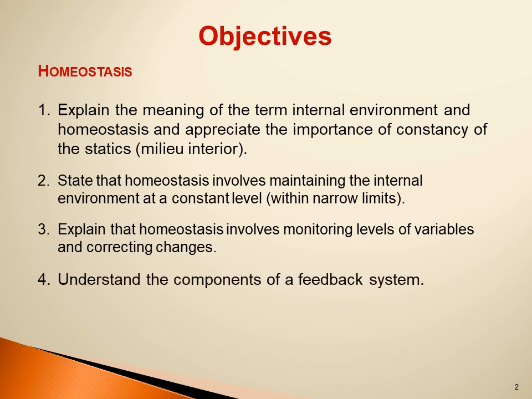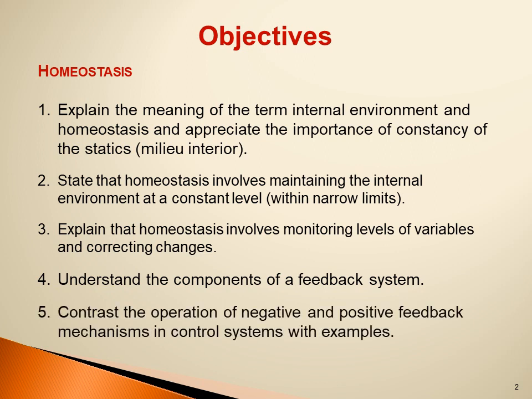And then to understand the different components of a feedback system and contrast the operation of the two types of feedback system, which are negative and positive feedback mechanisms, giving examples of each type of feedback mechanism.